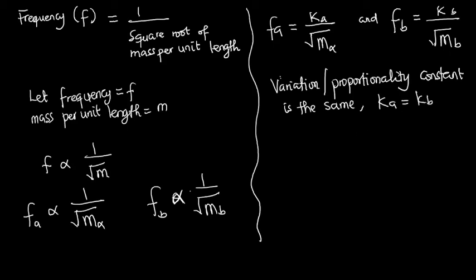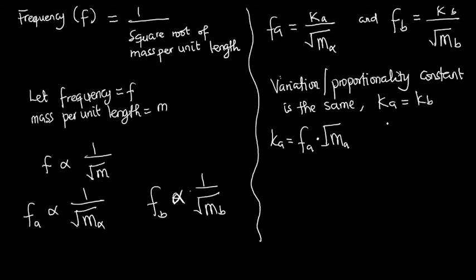This implies that if we make Ka the subject over here, we are going to have the expression Ka equal to f of A multiplied by the square root of Ma.